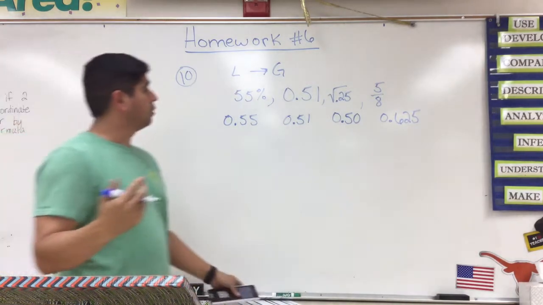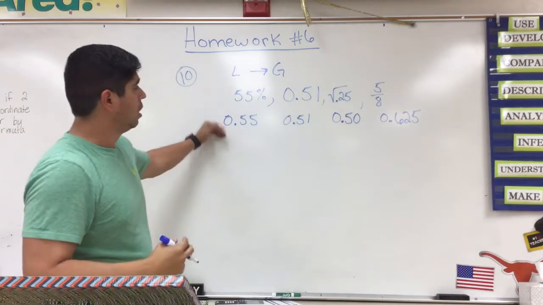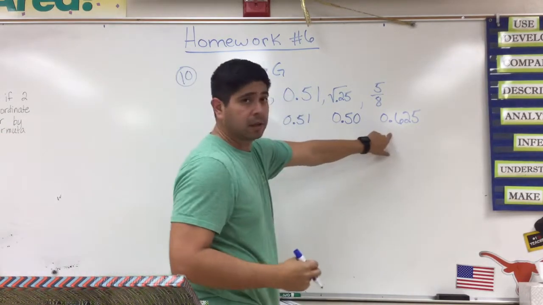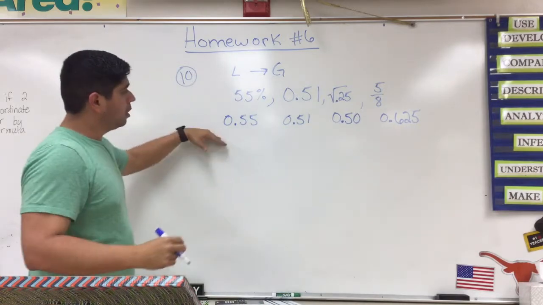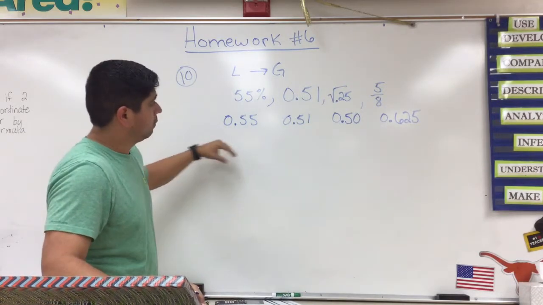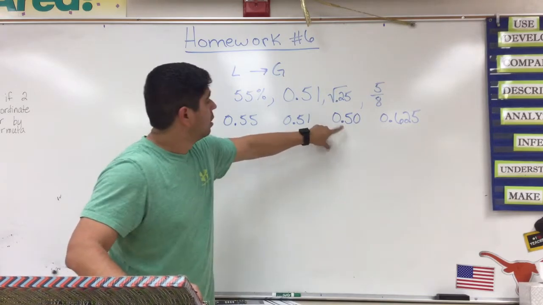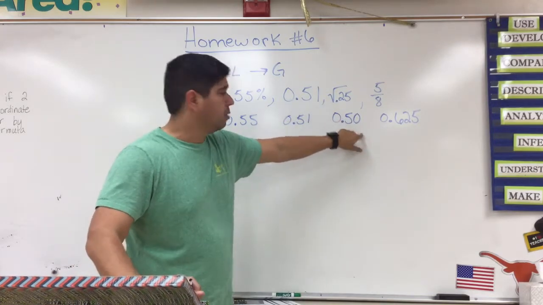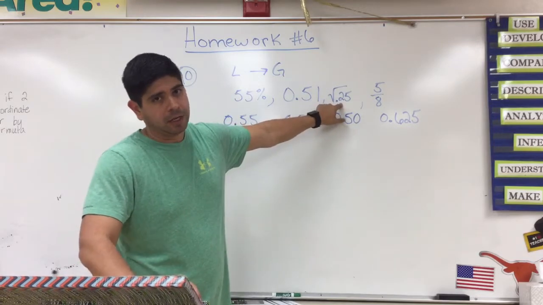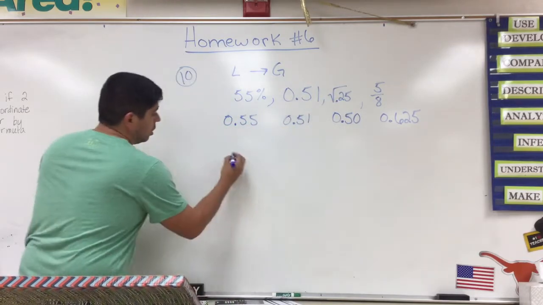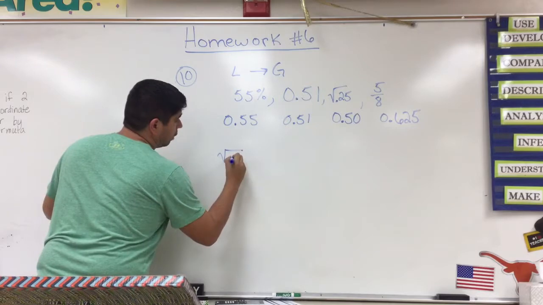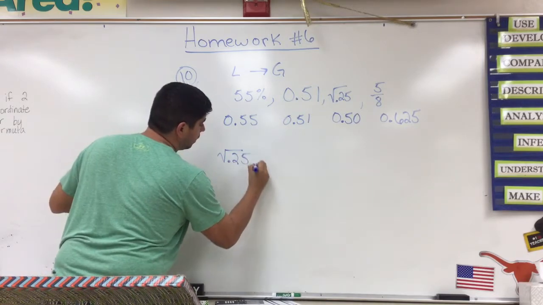So now we just put in order from least. So what is the smallest number here? We know that this is going to be the greatest. Okay, easy, but we need to find the smallest one. Okay, so if I was at 0 and I go on my number line, the first thing I would get to is this one right here. So I'm not going to write 0.50. I'm going to write the original number that it is in the problem. So the square root of 0.25 is first.